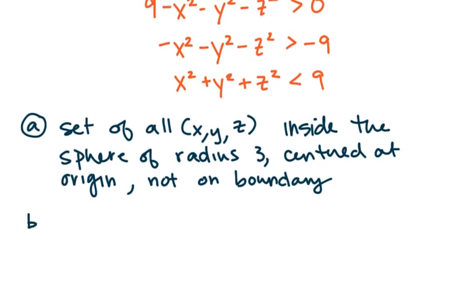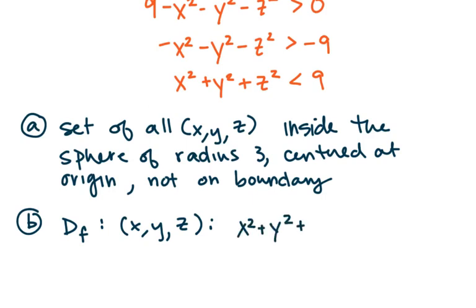And with our succinct, our short math notation, we would say that the domain of f is the set of all x, y, and z such that x squared plus y squared plus z squared is less than 9.